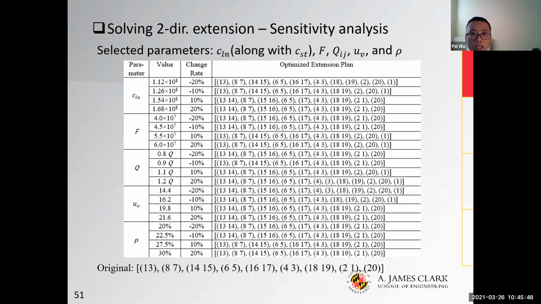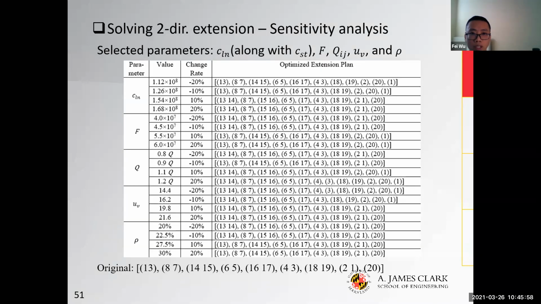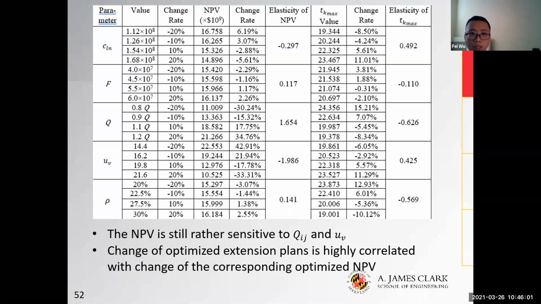We also compare the sensitivity of results to these selected parameters, and we listed the corresponding optimized extension plans, the net present values, and also the changes in the final completion time. In the two-direction version, the net present value is still rather sensitive to the demand level and the estimated value of time in the vehicles.